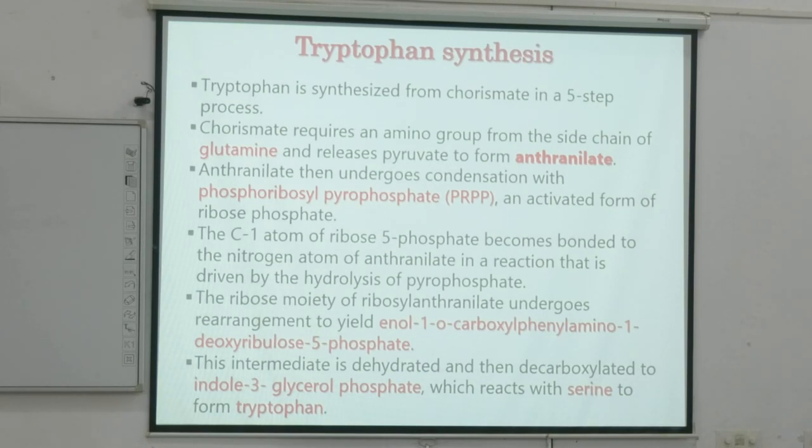So tryptophan is synthesized in 5 steps through chorismate. The first part is amination with glutamine to form anthranilate.